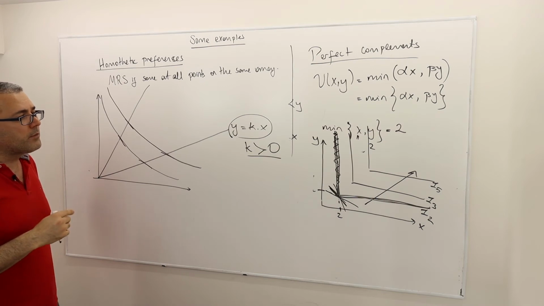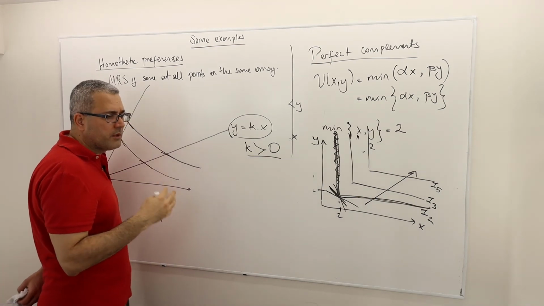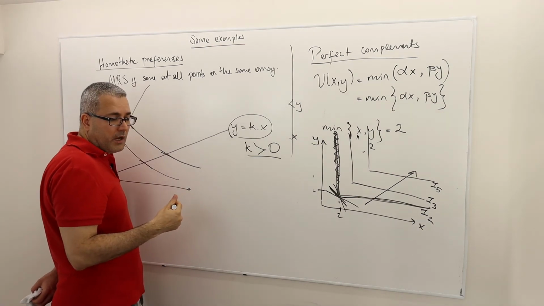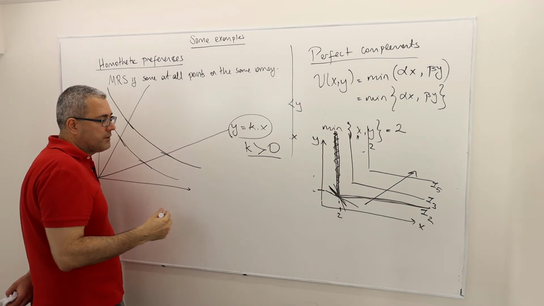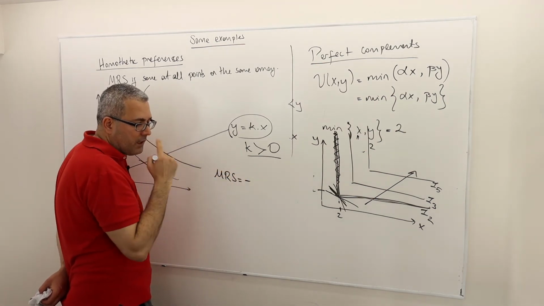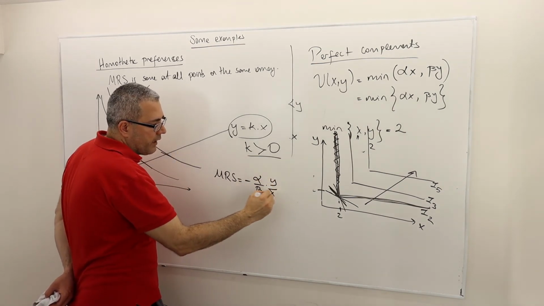And if you remember the Cobb-Douglas example, in our Cobb-Douglas example, I had the marginal rate of substitution equals minus, I forgot what it was, alpha divided by beta times y over x, right?